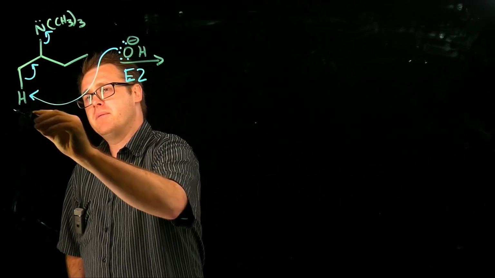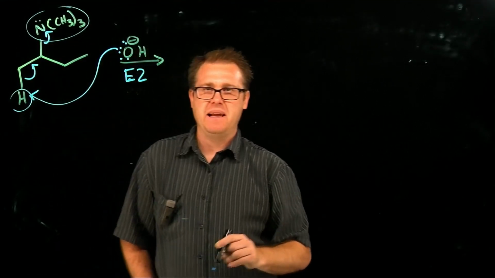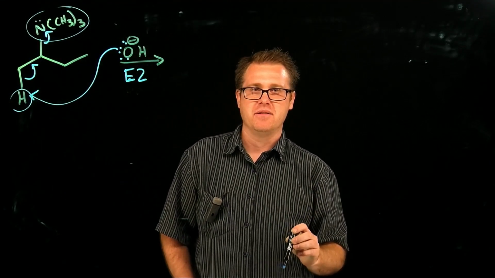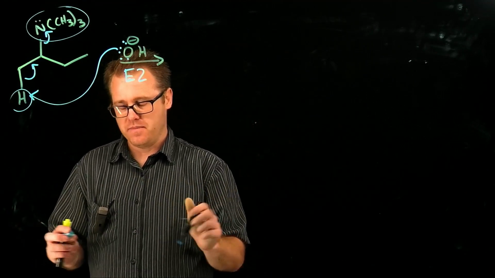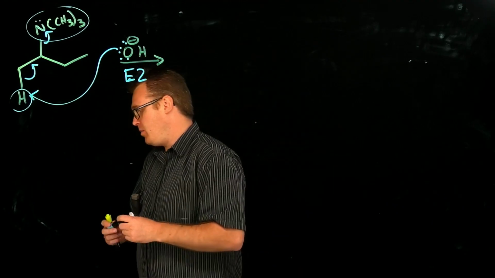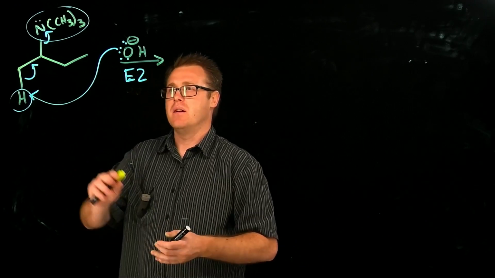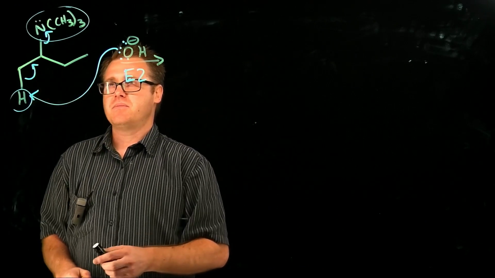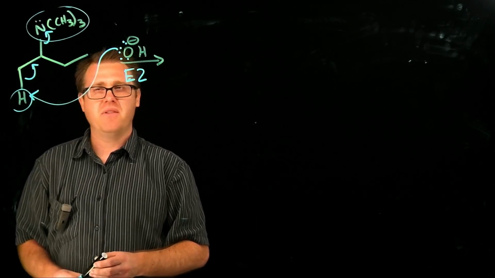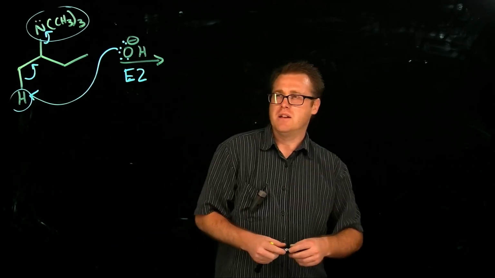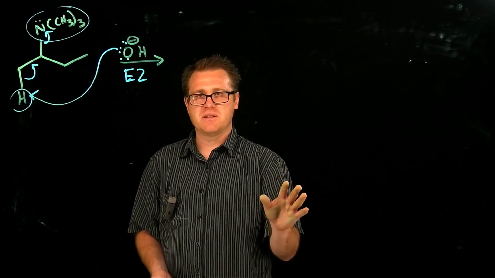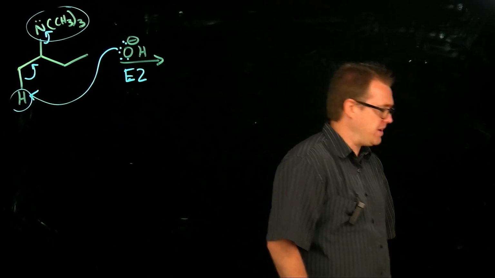The hydrogen being abstracted and the leaving group that's leaving have to be anti-periplanar. If they're not anti-periplanar, it does not work. So when we draw a Newman projection of this guy, we're going to see something very interesting. Okay? So let me draw the Newman projections and then we will talk about it.